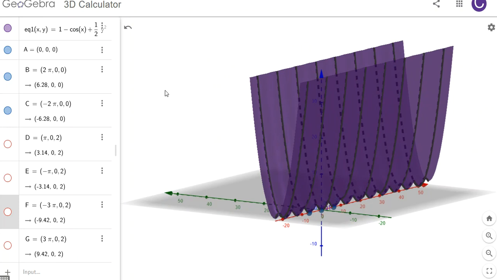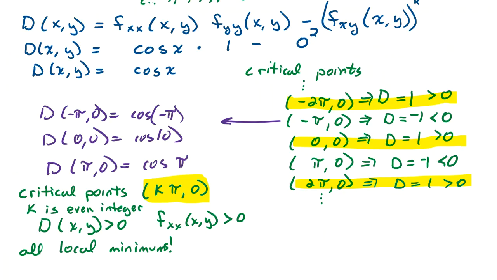Okay, let's go check out those other critical points and see what's happening there. We have some other infinite critical points where this d value for the second derivative test comes out to be negative. These guys. For those, we have odd values of k. If we did 3 pi, 0, my d value would come out to be negative 1, which is less than 0.